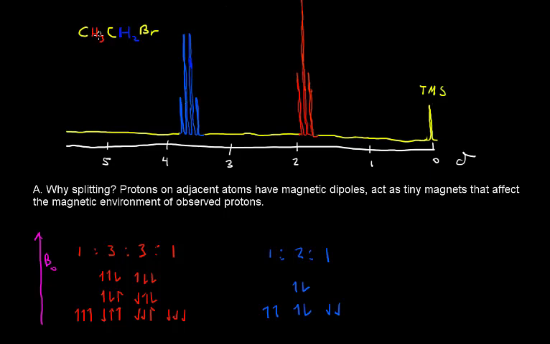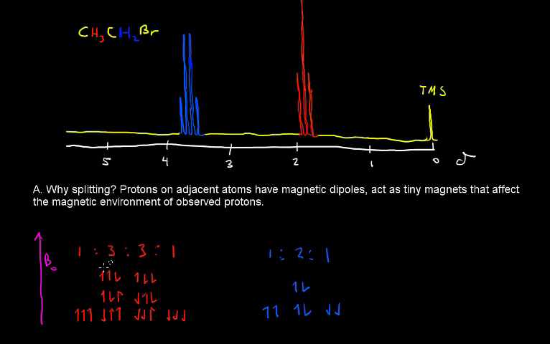Since each of these protons can be either spin up or spin down in our applied magnetic field, there are a bunch of different possible orientations for these three protons in different molecules. In one possible orientation, all three of those protons are spin up, that is in the same direction as the applied magnetic field. In another orientation, all three are spin down. But those are the least likely of the combinations.